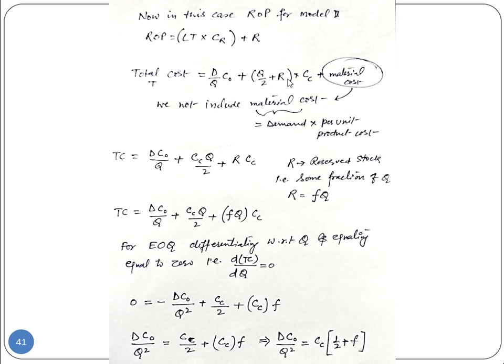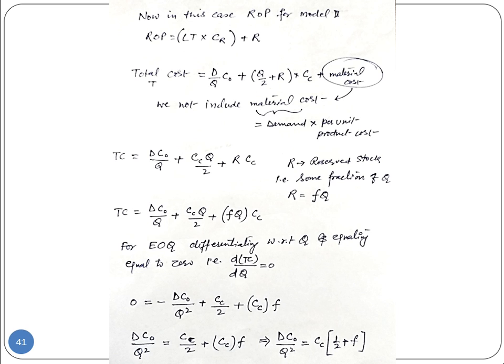So we can write this equation as: Q by 2 multiplied by CC, plus R multiplied by CC. We can write it this way also, where R is the reserve stock. When we are going to find this R, the reserve stock, suppose you have a total quantity. अब यहाँ पे मुझे जो है वो एग्जैक्ट पता नहीं कि कितनी क्वांटिटी मेरे पास रहेगी, लेकिन ये है कि कुछ फ्रैक्शन तो होगा वो। R is some fraction of Q, maybe 1 by 2, 1 by 3, 1 by 4 of total.